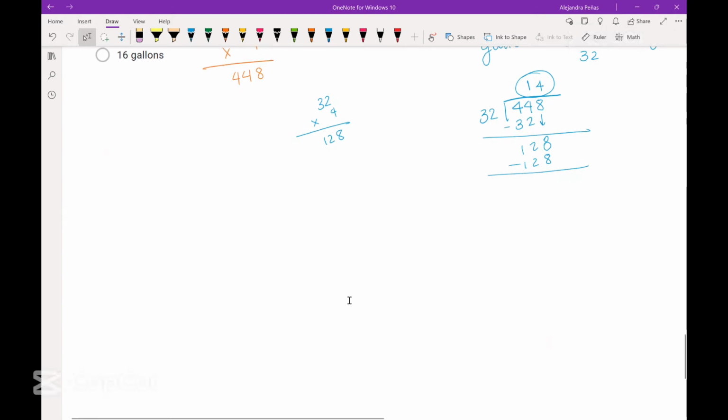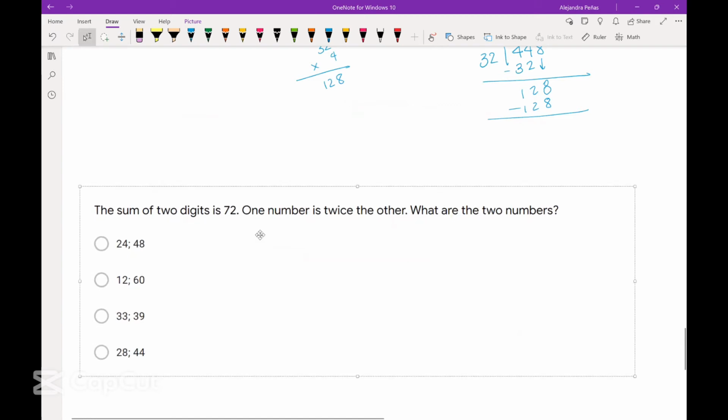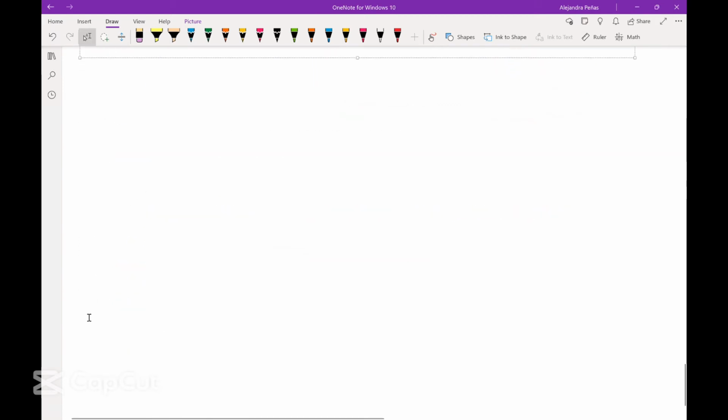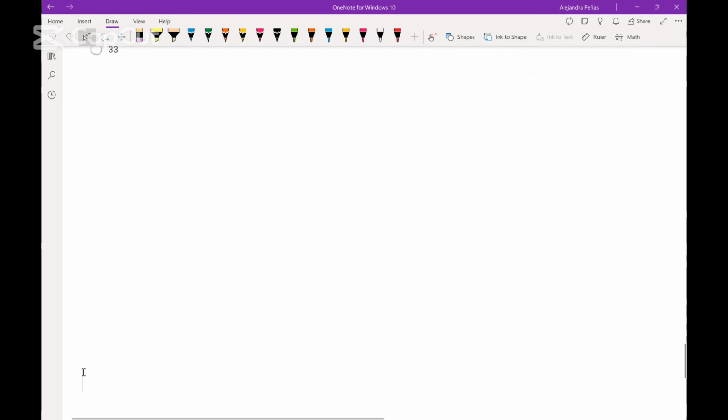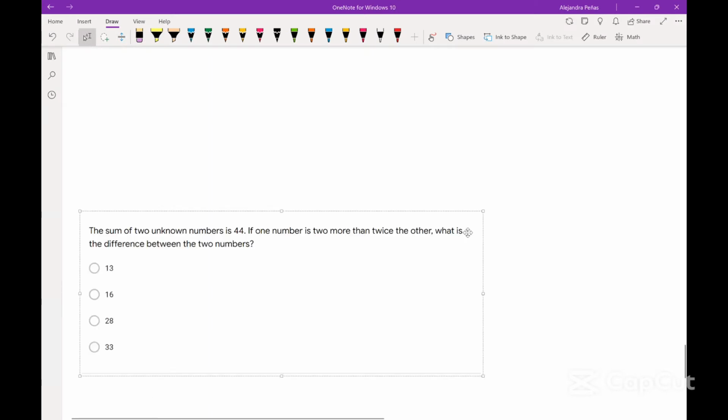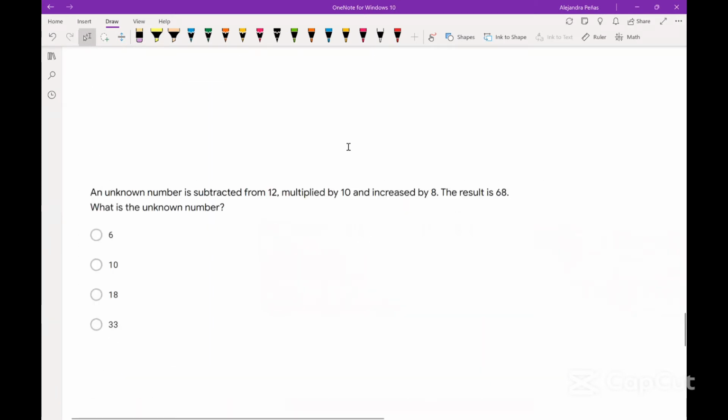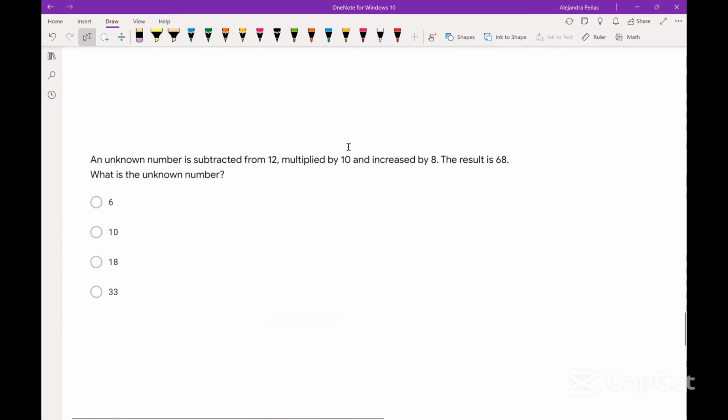Give me a few seconds to gather up some problems, and then we'll go ahead and start working on them. So I think I'm actually going to start with this one. Yeah, I think it's better that we start with this one.